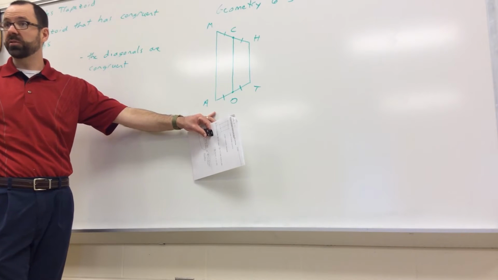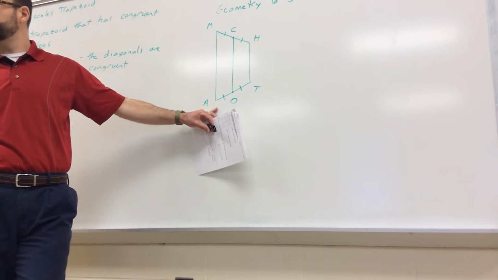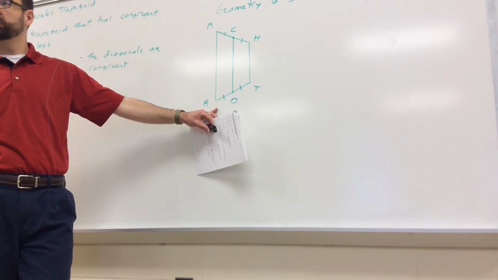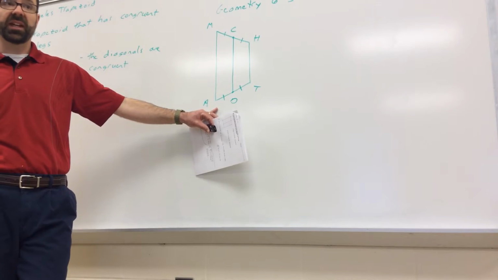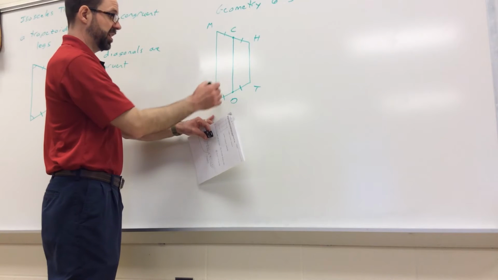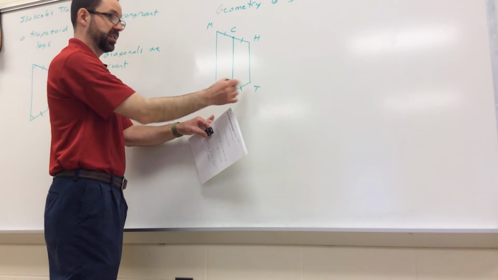It's just drawn for you. Is this an isosceles trapezoid? Yeah, it is, because these pieces are all equal to each other, so this side is equal to that side.